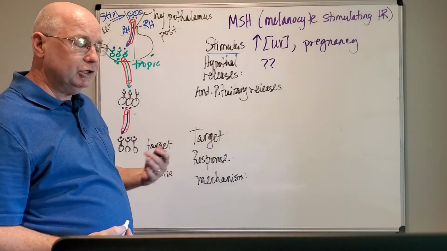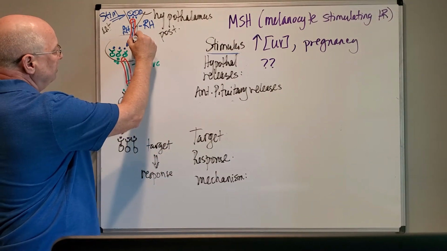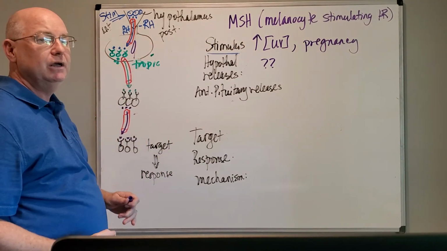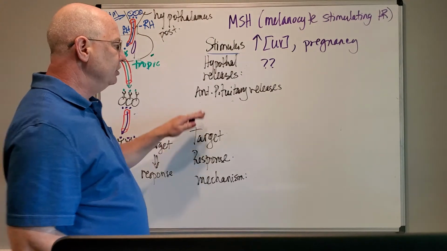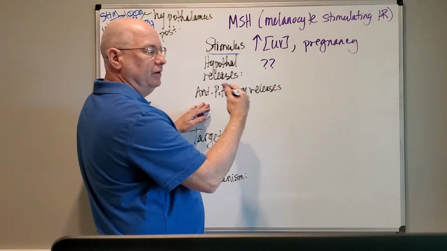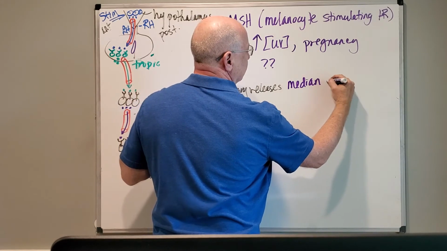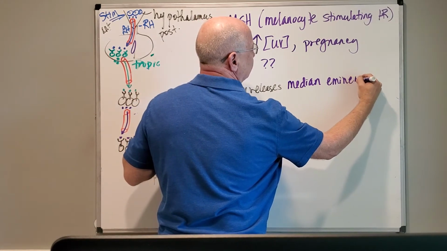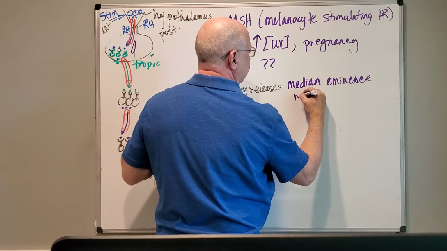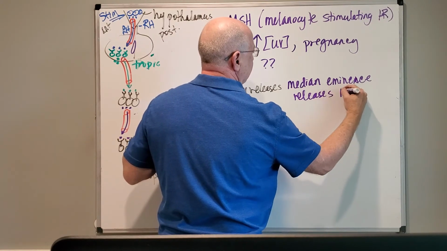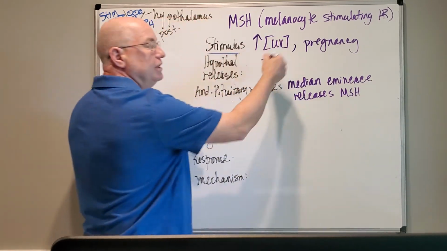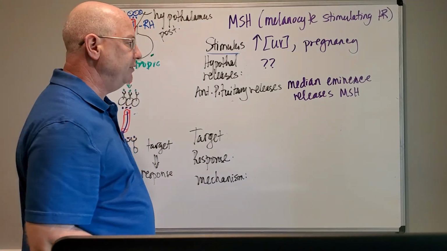This hormone is released from an area very close to the center of the pituitary called the median eminence. So we say the anterior pituitary, but really there's a structure called the median eminence of the pituitary that releases MSH. There has never been a releasing hormone discovered for this.